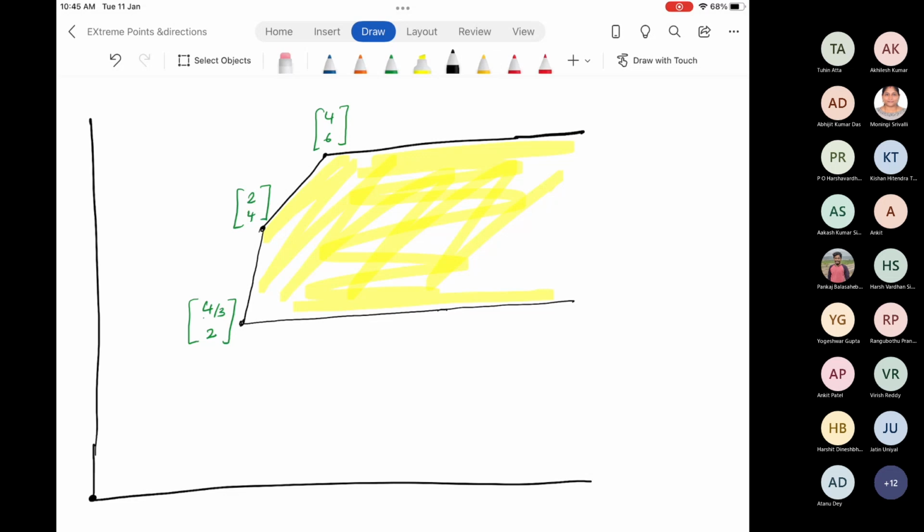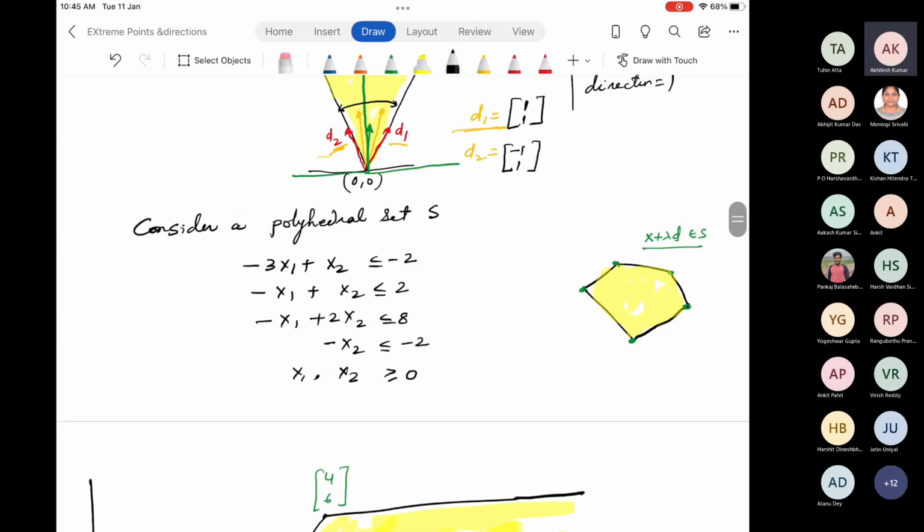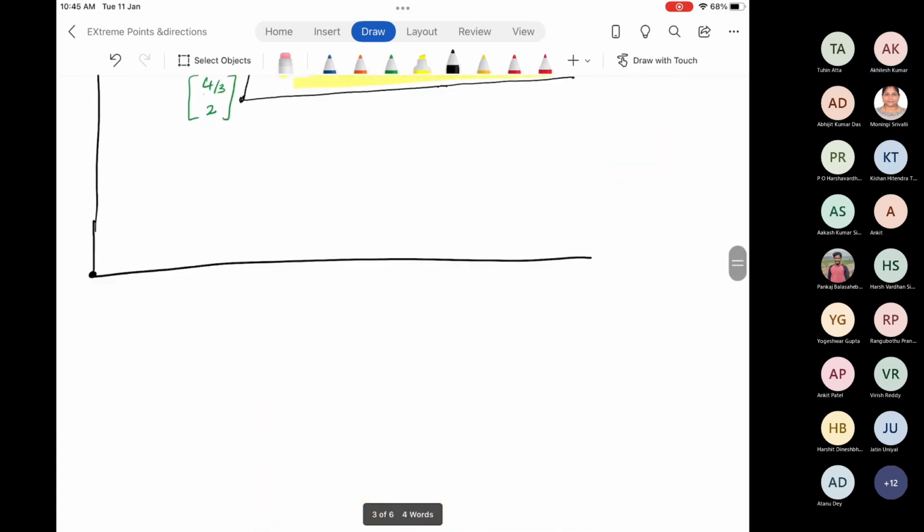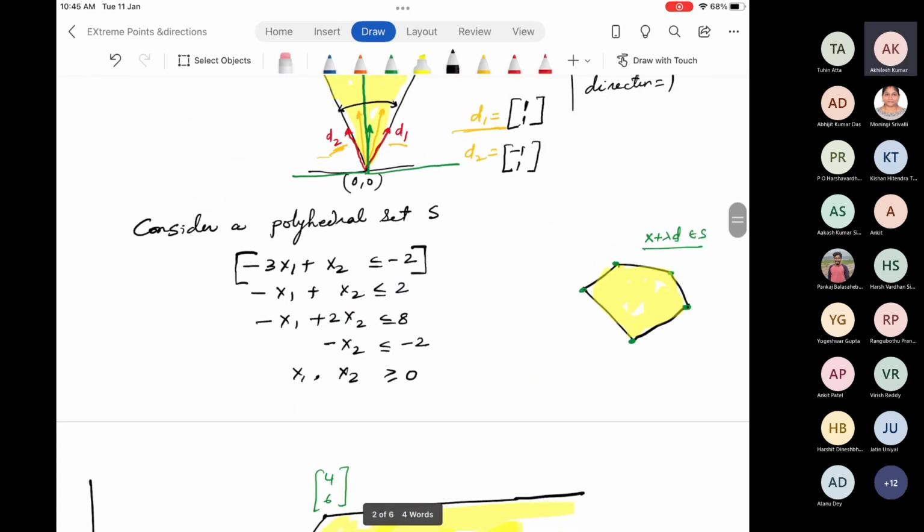So we have to use the equation, a linear combination of the two. We need to define this, right? If this is a point x0, then we write x as x plus lambda d.